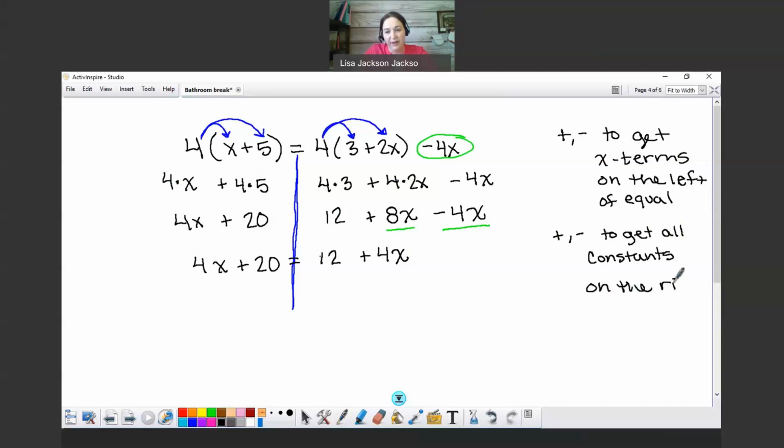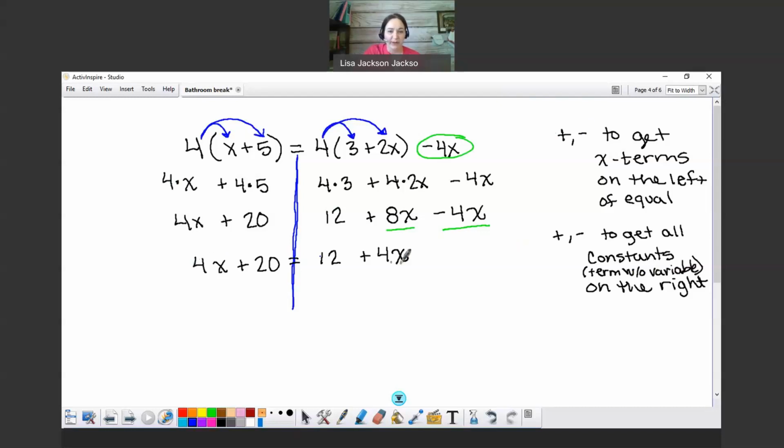So we simplify, and then we add or subtract to get the variable to the left and the constant to the right. You learn that in Module 8, but when they start throwing these crazy things at you, it can get confusing again. All right, so I am going to add or subtract to get my x terms to the left.